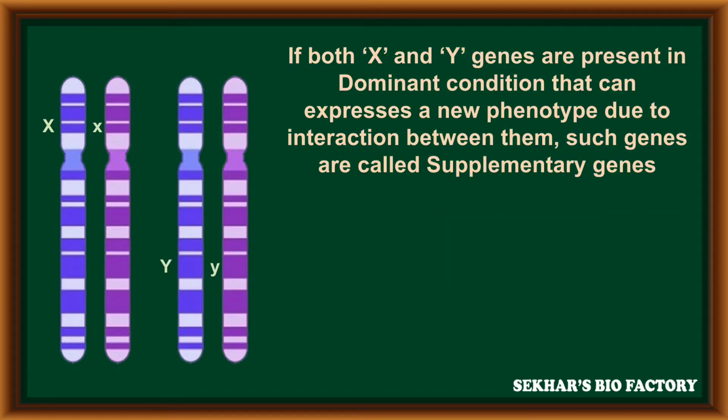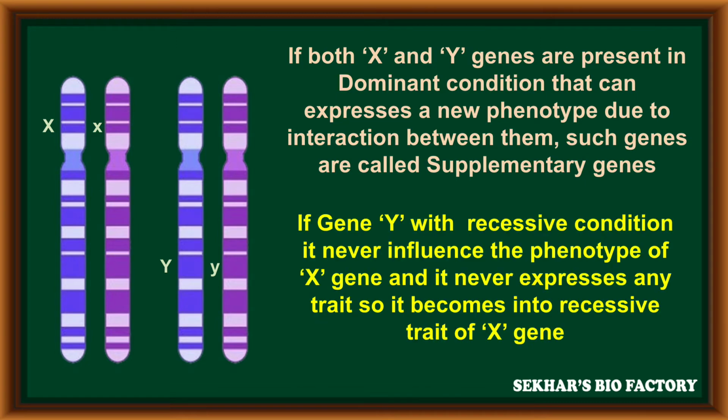But if both X and Y genes are present in the dominant condition, the dominant alleles in both genes can express a new phenotype due to interaction between them. Such genes are called supplementary genes. If gene Y is in the recessive condition, it never influences the phenotype of gene X and never expresses any trait, so finally the recessive trait of gene X is expressed.